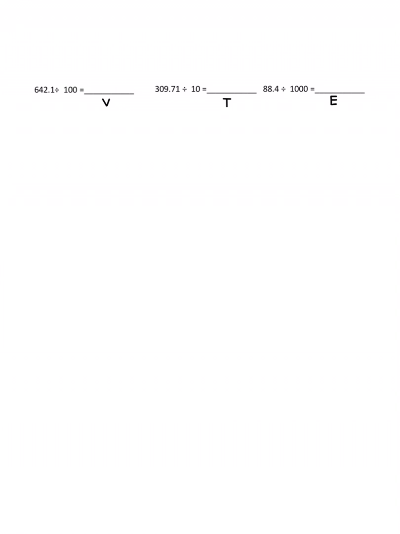I realized we should probably do a couple of the division ones. Okay, so let's take 642 and 1/10, and we're going to divide that number into 100 equal pieces. There are 2 zeros in 100. So I'm going to move my decimal point over 2 place value positions.